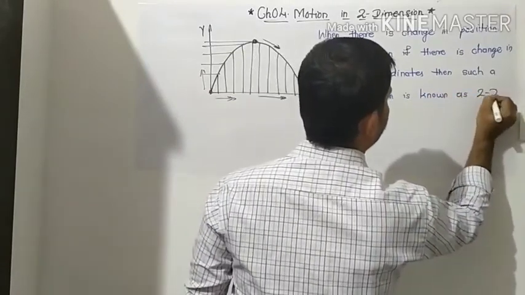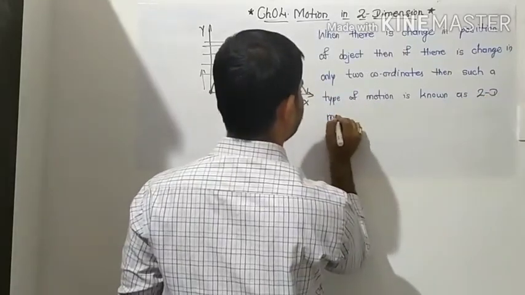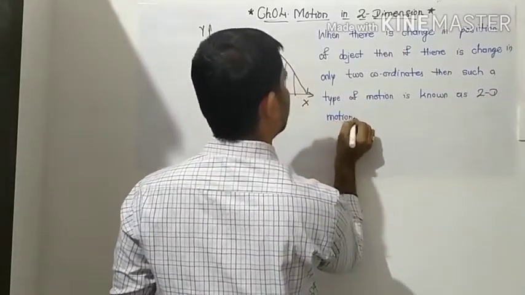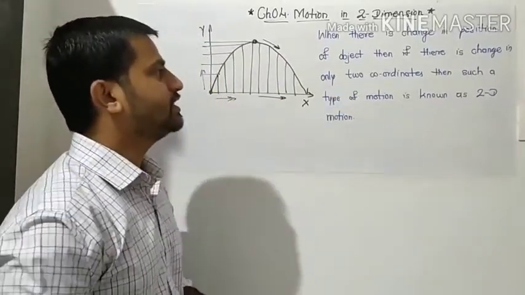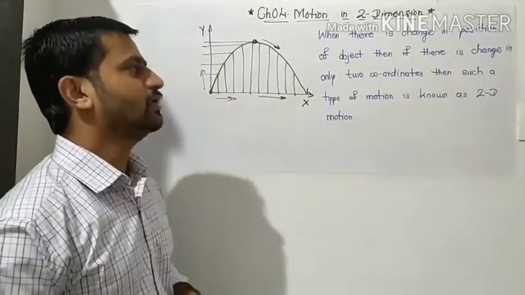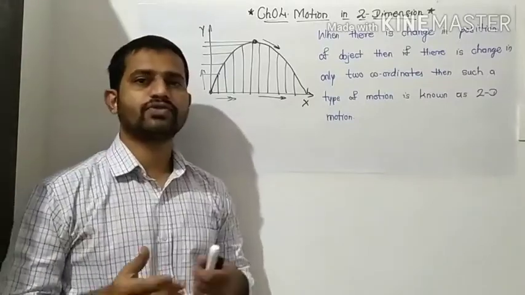So when there is a change in position of an object and a change in only two coordinates, such a type of motion is known as two-dimensional.